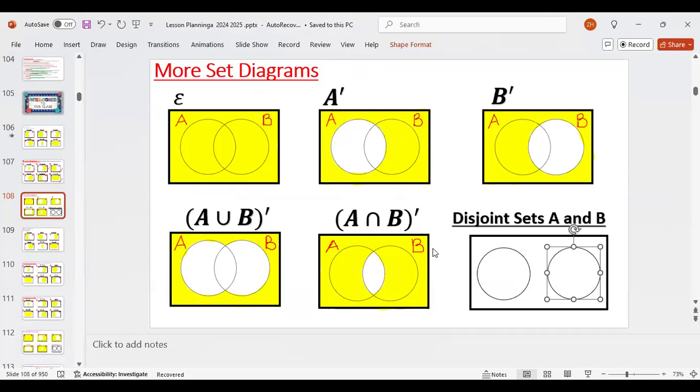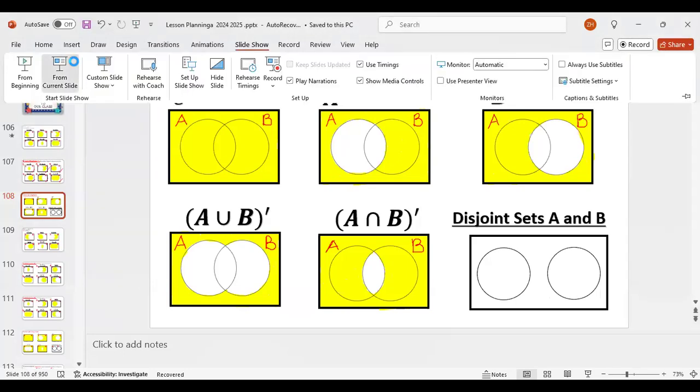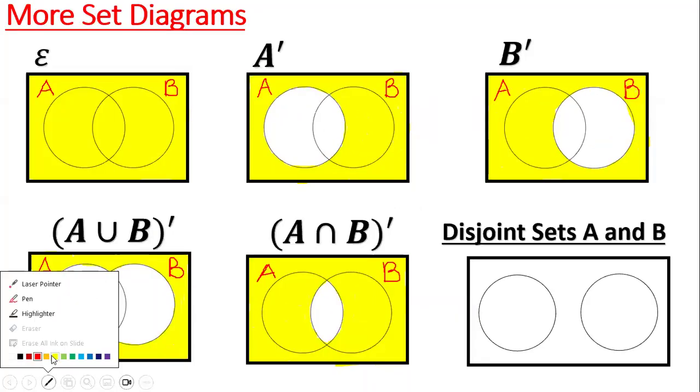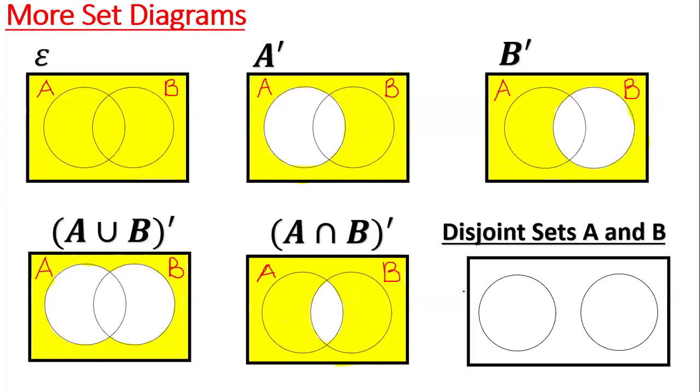Good. So how are we going to shade it? Actually there's no shading, because we just want the disjoint sets. If I say the union, then yeah, we're just going to leave it just like that. A and B.